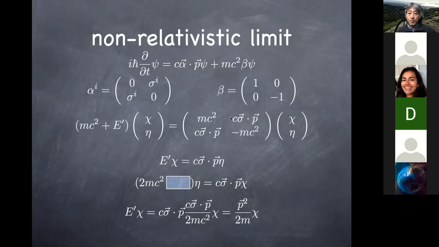But for the upper two components, mc squared cancels between the left and right-hand side of the equation. So you can isolate this E prime piece for the upper two components. So the end result is that the upper two components now satisfy this equation, which really suggests that this is the kinetic energy of the non-relativistic particle. So it does lead to the correct non-relativistic limit. So we wanted to verify that.